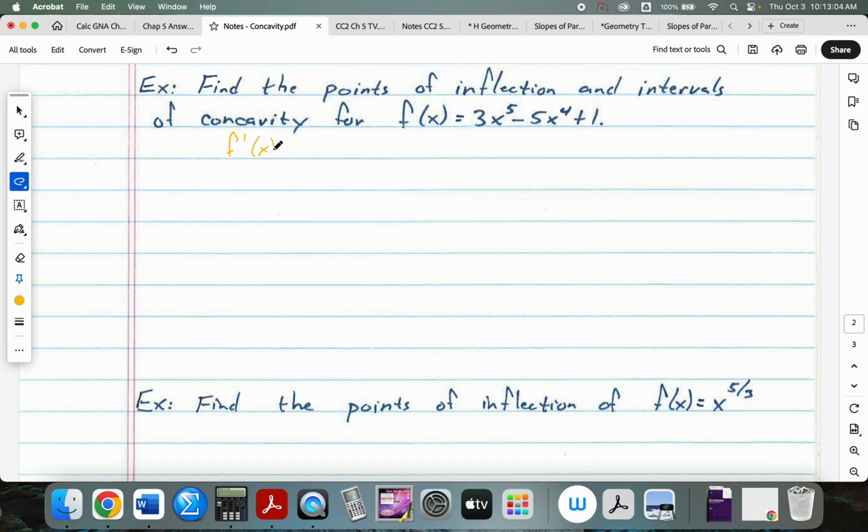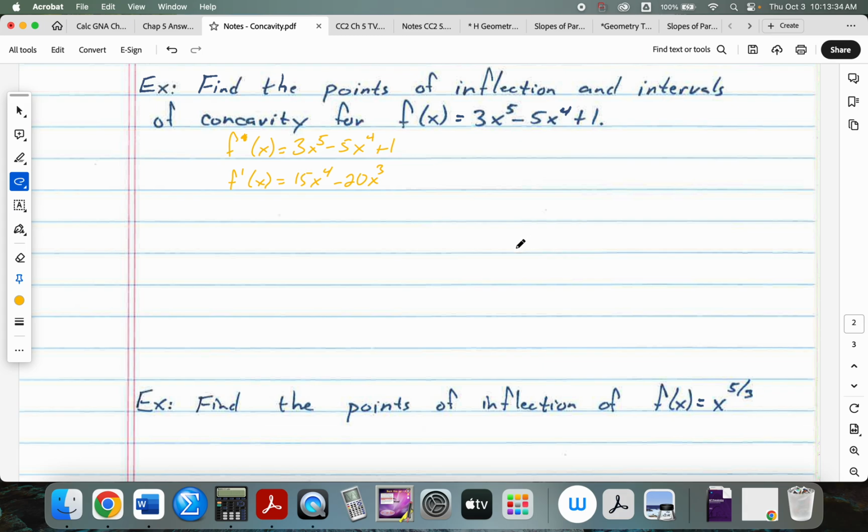So f prime of x is 15x to the 4th minus 20x cubed.